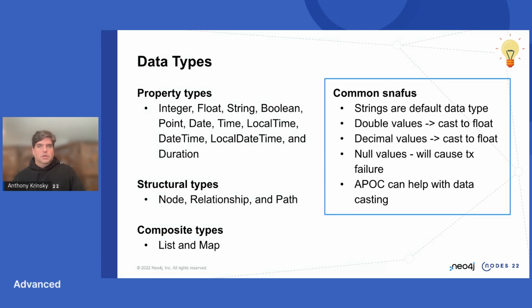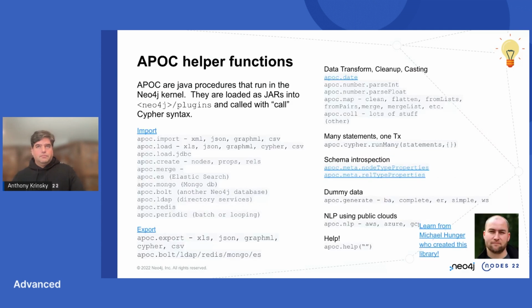I mentioned apoc. Since like version 3.3, I believe, we've had this incredibly extensive library that was kind of built out of necessity and delight by Michael Hunger, now a shared project and supported by Neo4j officially. Mike, of course, works here.